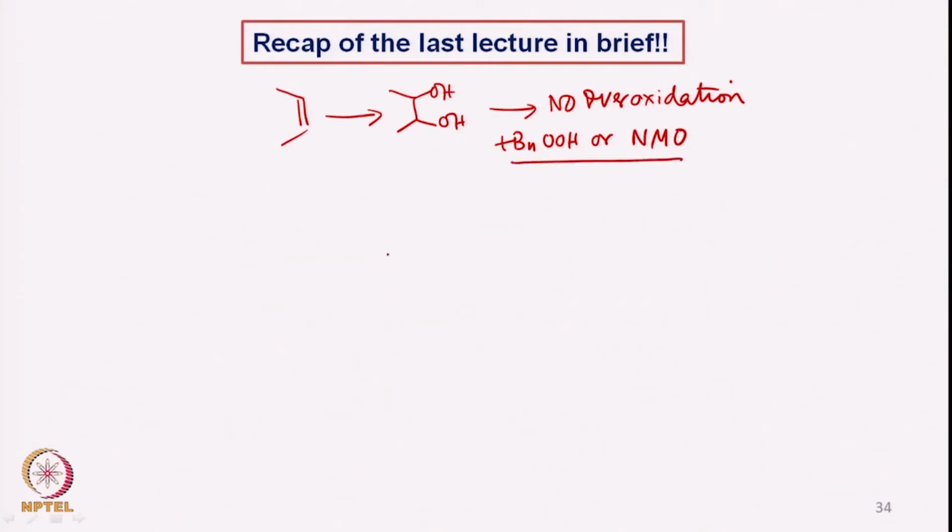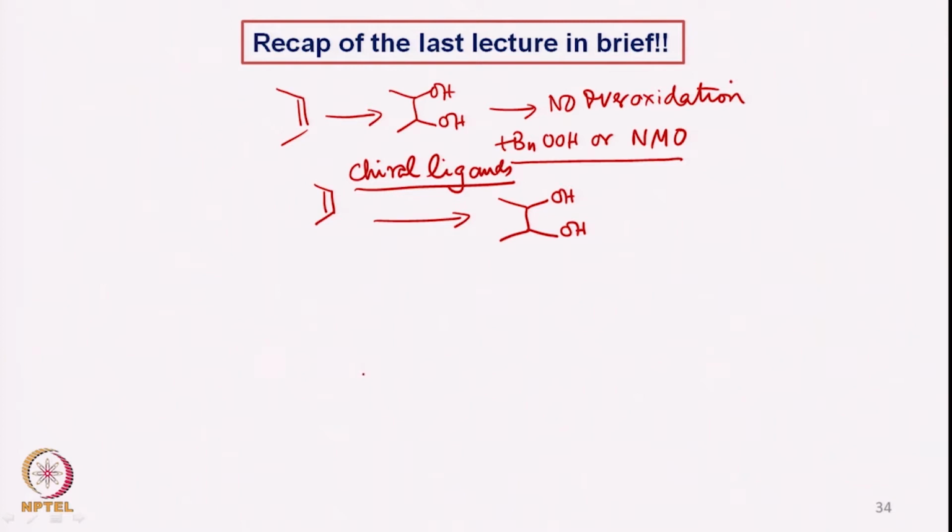And then it was found that we can also make use of chiral ligands. The chiral ligands such as pyridine based molecules can allow the dihydroxylation to take place, and the enantiomeric purity was found to be reasonably good, but not very high.